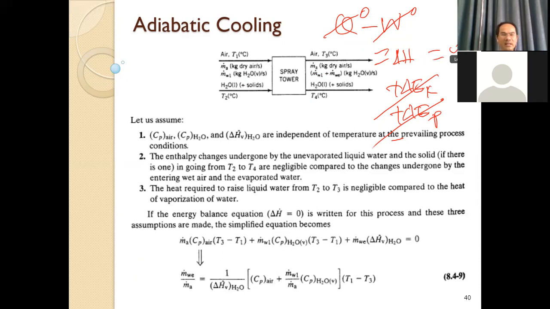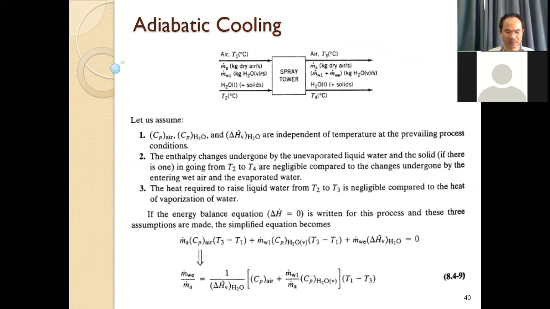And then you can write the energy balance for this process as M C_PA, from C_P dT. For this case, C_P is constant. Okay, you can get M_a C_PA (T3 minus T1) plus M_W water C_P water (T3 minus T1) plus M_W evaporate delta H evaporate equal to 0.